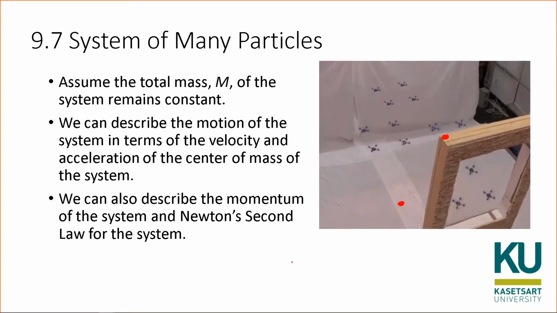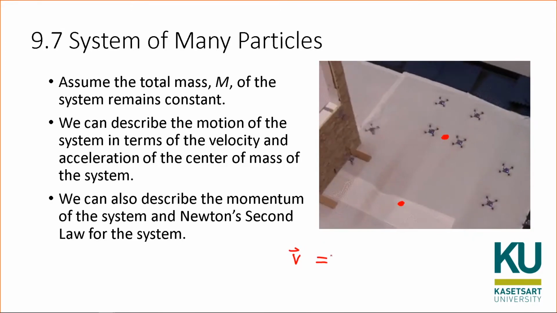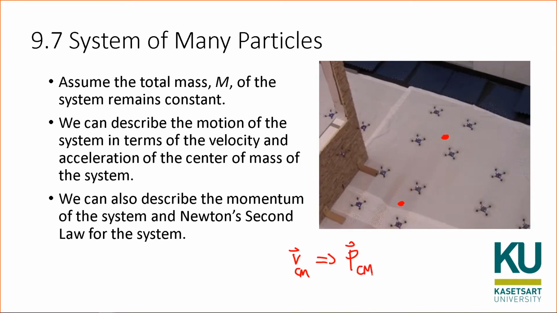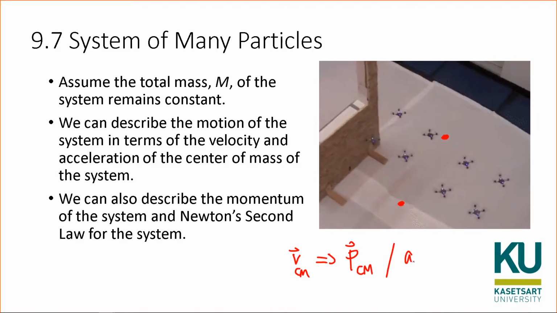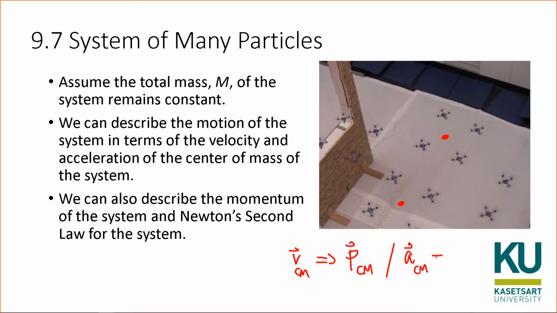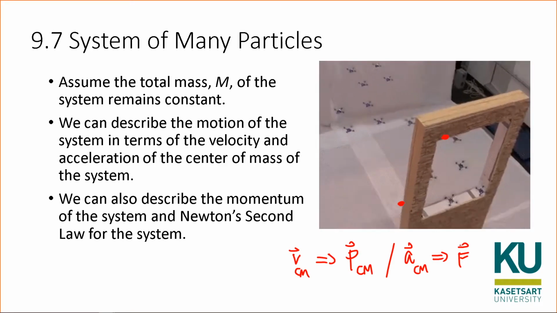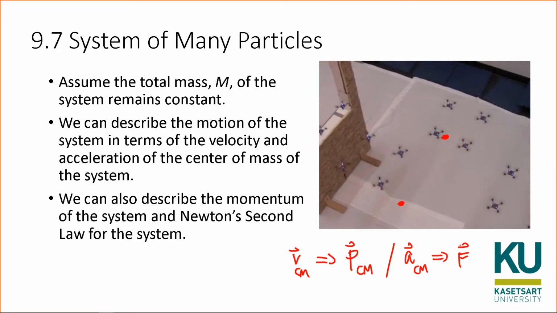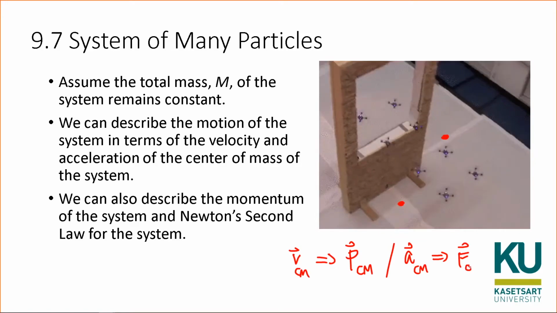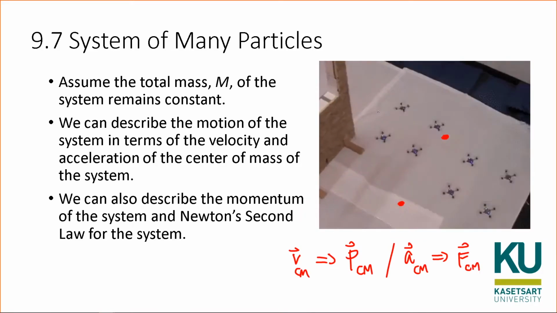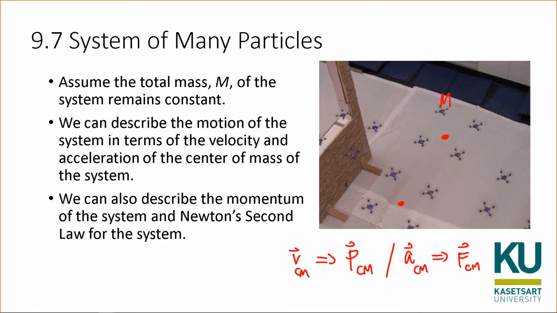If you know the velocity, you can find the momentum of the center of mass of these drones. If you know the acceleration, you can find the force exerted on this drone system as well. This is the importance of the drone example, and you know the total mass is the big M.